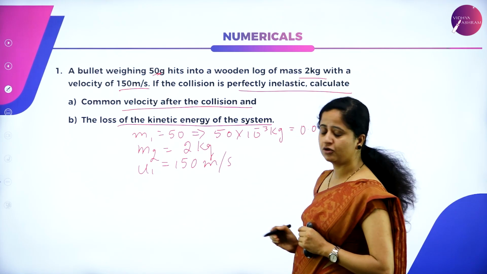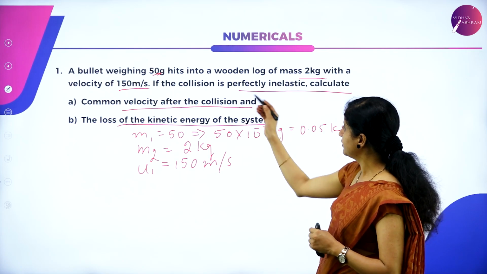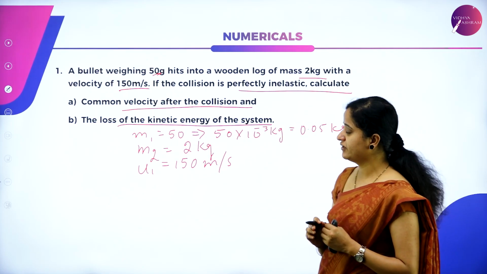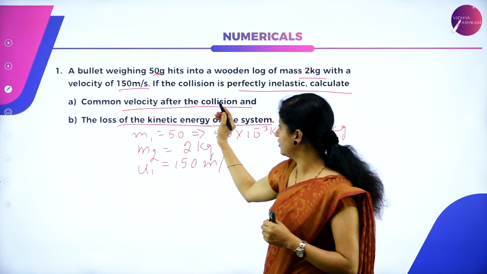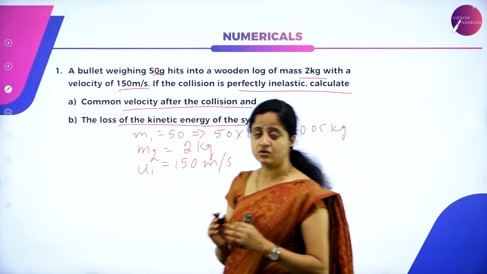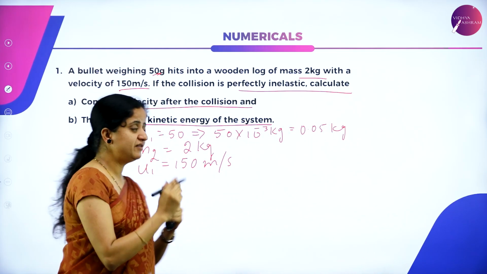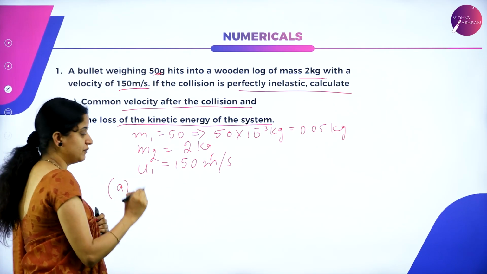The unit of velocity is meter per second. If the collision is perfectly inelastic, we have to calculate the common velocity after the collision. After the collision, both bullet and log will travel in the same direction, so that is why we calculate the common velocity.